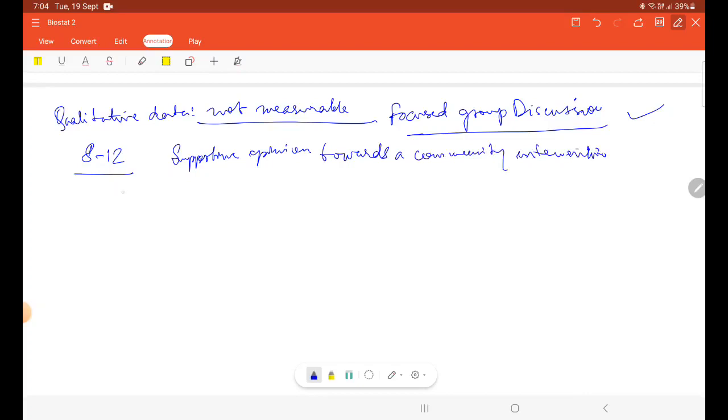So we have the number, say out of 12 people, 4 are supporting, 8 are not supporting. 4 are yes, 8 are no. So only up to this much. That is the evaluation of the support level.